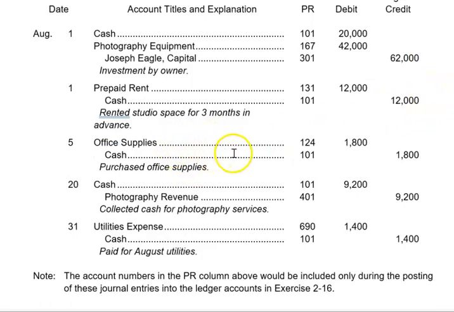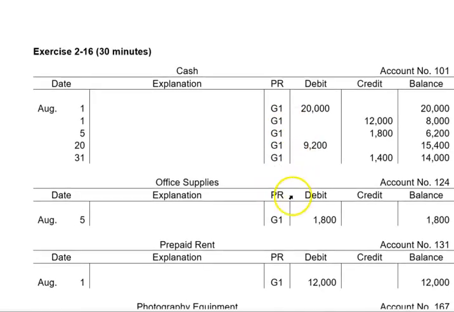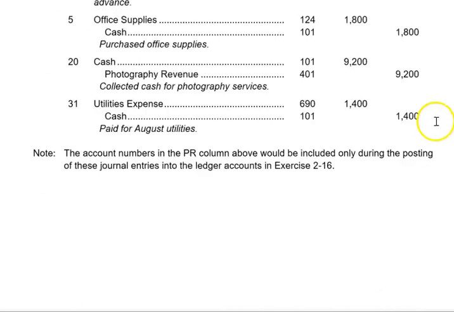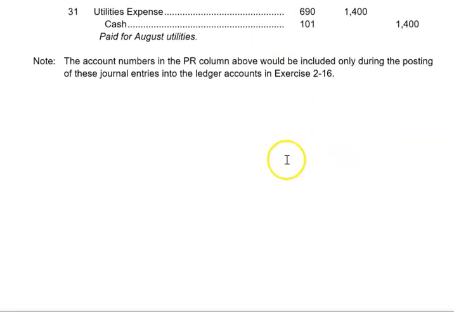August 5th, we have office supplies and then cash is being reduced. Office supplies debited 1,800 because that asset is increasing, and cash is being reduced because we gave them 1,800 August 5th. So our new cash balance at this point is 6,200. Then on August 20th, we have cash and photography revenue.